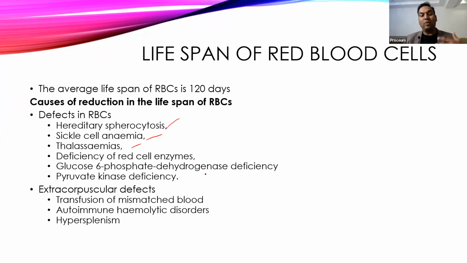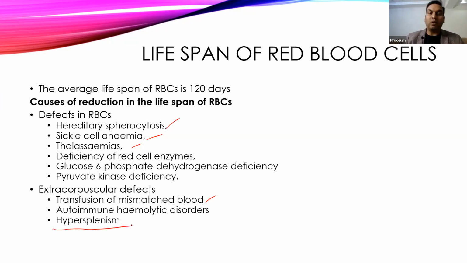Then come to extracorpuscular, the factors which are outside the RBCs. So mismatched blood transfusion, where an antigen antibody complex will be there, and that will cause clumping and increased destruction of the RBC. Then autoimmune hemolysis, where antibodies are formed and attach to the antigens present on the RBC cell membrane and increase destruction of the RBC.